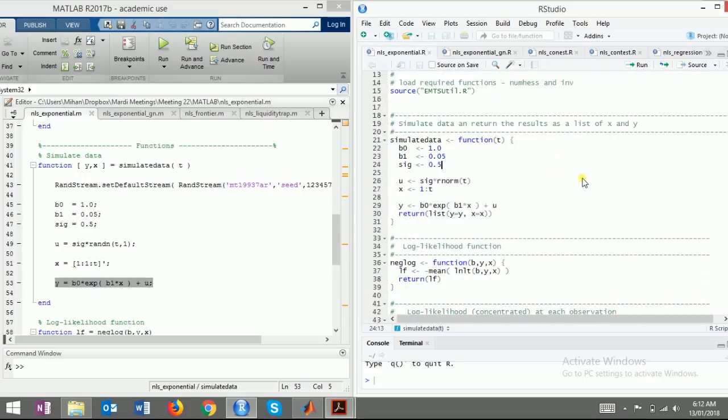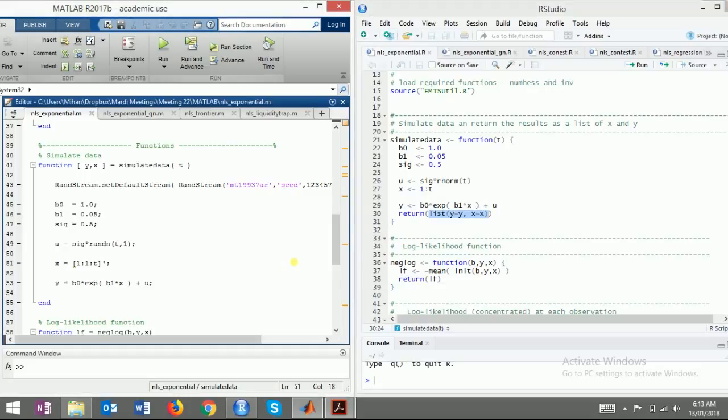In the beginning, the simulate data package is introduced, and with the simulate data function of t, the system will give us simulated data for y and x. So how do we ensure that? Return list y equals y, x equals x. This will give me simulated data for y and x.